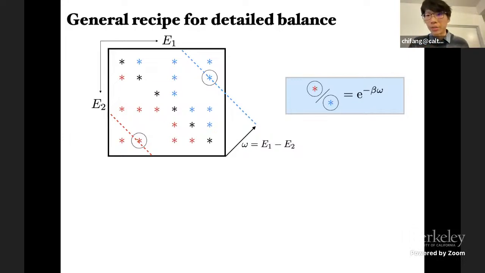It has to obey this particular rule: if you flip across the diagonal, then these two are related by this number, and this number depends only on the energy difference. This looks kind of delicate, because if you fix the upper triangle, then the lower triangle is also fixed. So it's very delicate.